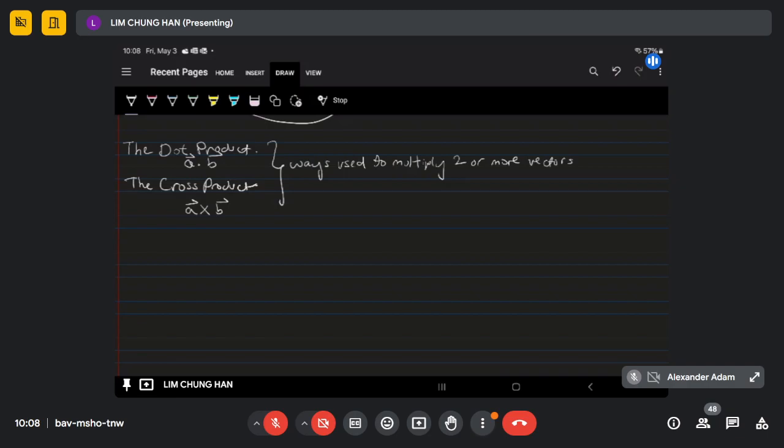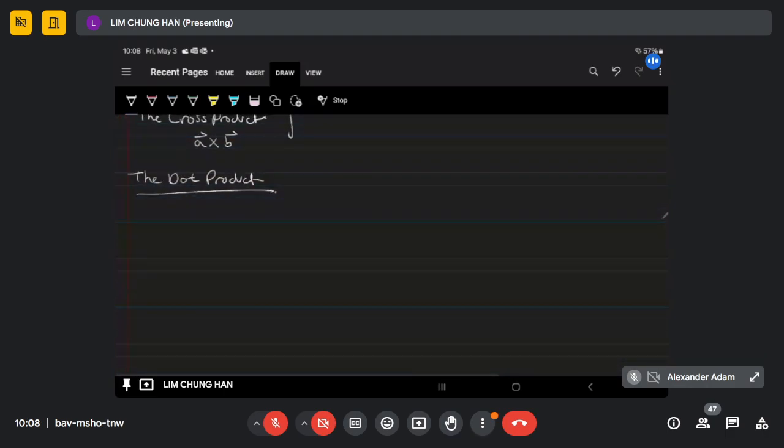One of them is a dot, the other one is a cross. So today we're going to talk about the dot product first. It's also the slightly easier one.